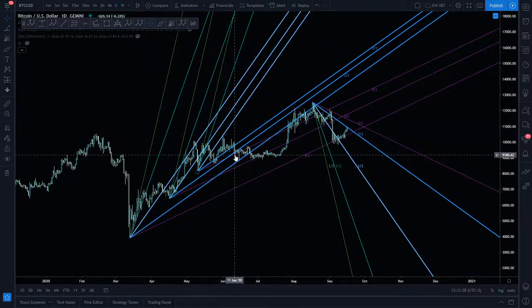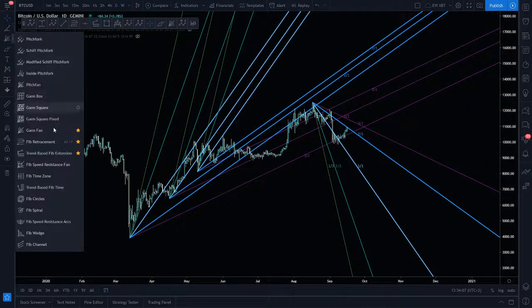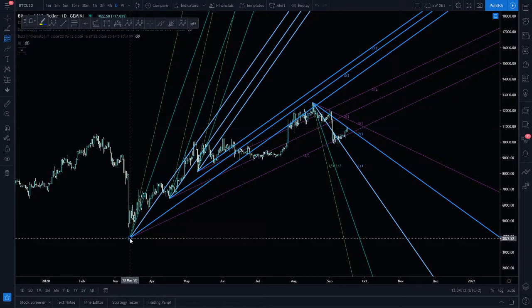It might be a bit hard at first to spot some good ones, right? Because it's going to be different for each coin. It's going to be different for each pair. So you're going to have to redo this for each pair.